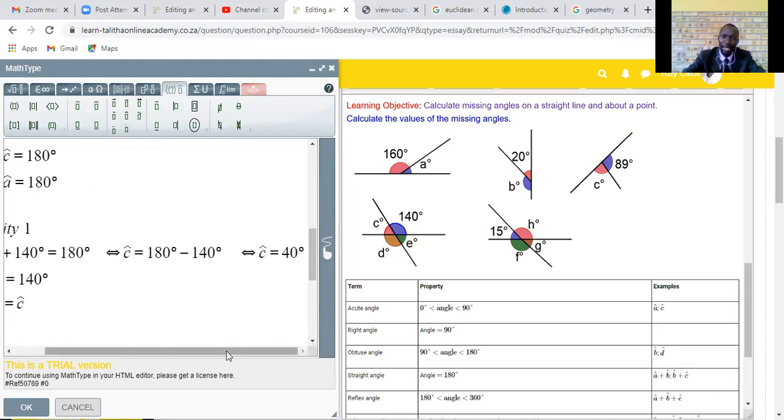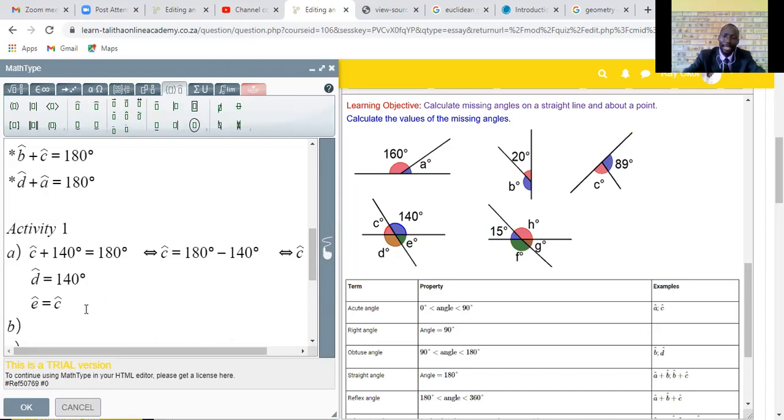And because of that, angle E, in this case, will be calculated by just substituting C with 40 degrees.